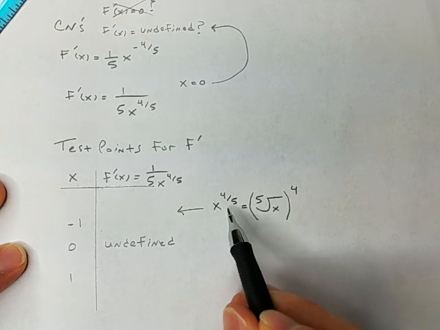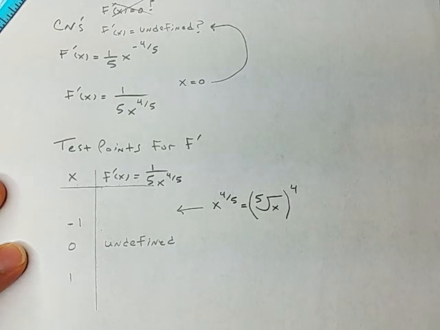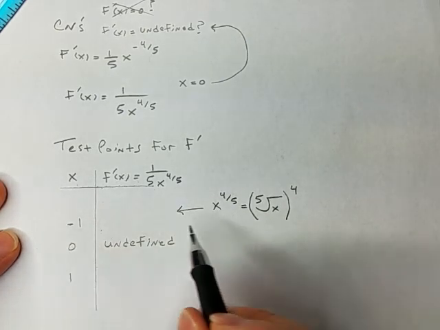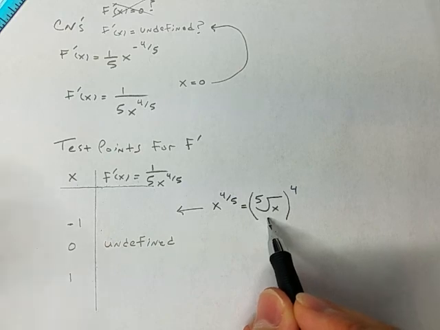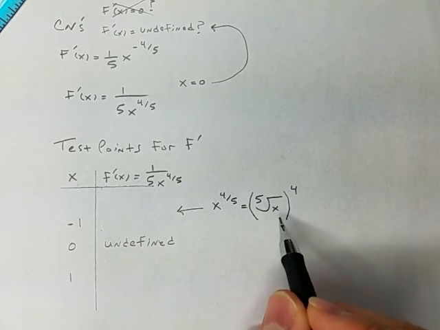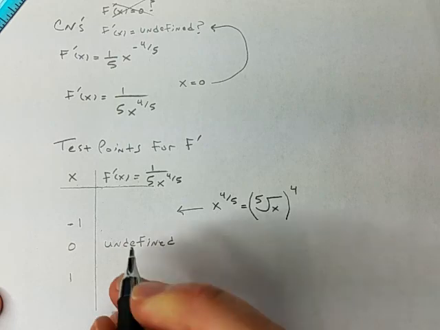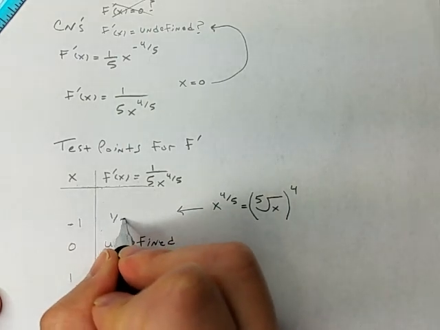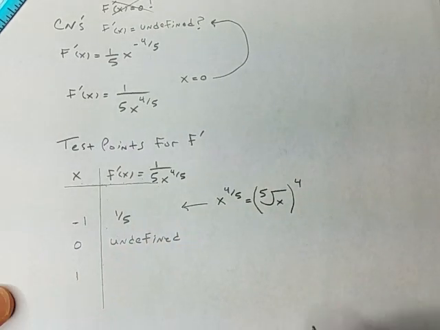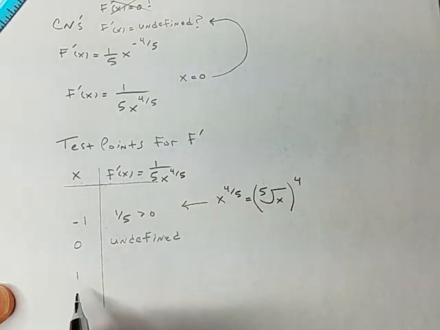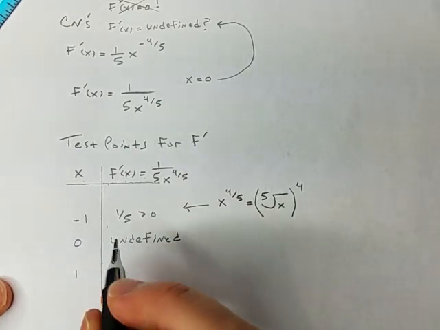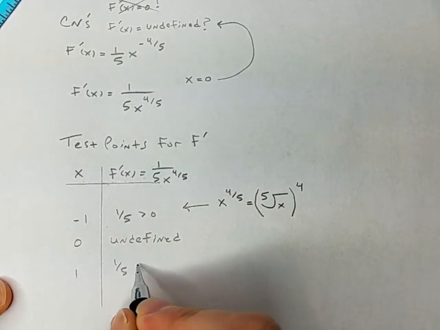That's the root on the x, and then that's the power. Okay, so for -1, what's the 5th root of -1? It's -1. -1 to the 5th power is -1. What's -1 to the 4th power? It's 1, so you're going to get 1/5 right there. Okay, 1/5 is positive. And what if you put 1 in? You'll also get 1/5. That's also positive.